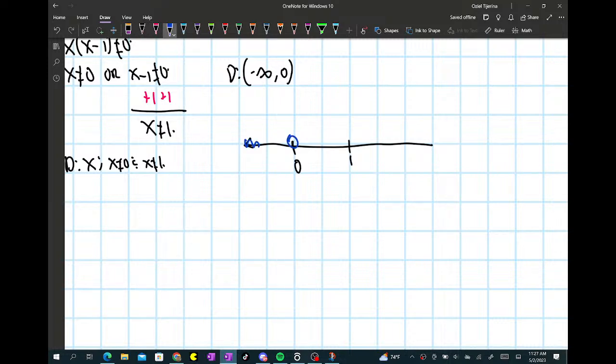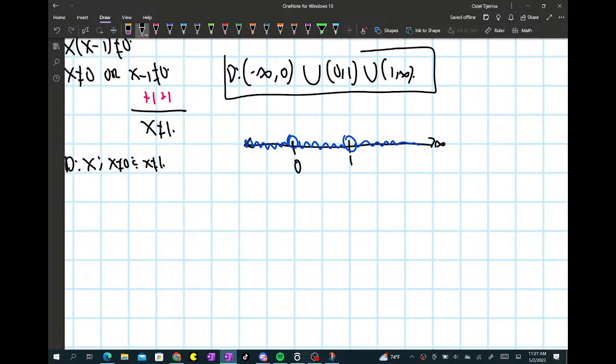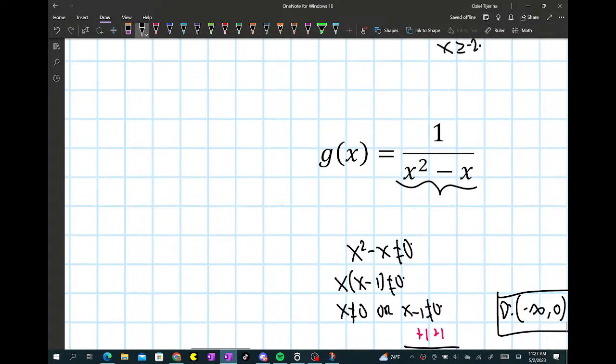Then 0 to 1, we use a union symbol, union, and then 1 to infinity. This is the domain of the function, right?